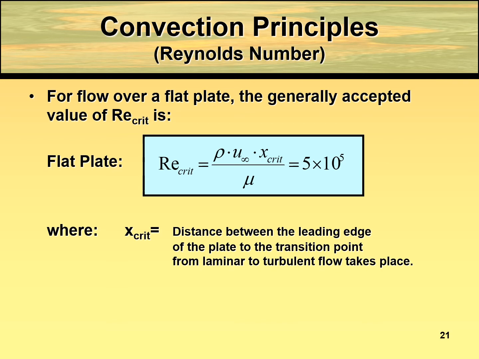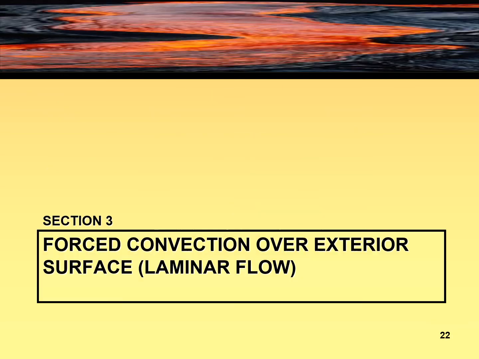The critical Reynolds number for external flow is 5 times 10 to the power of 5. The Reynolds number depends on the density, velocity, x, and dynamic viscosity, where x critical is the distance from the leading edge of the flat plate to the transition point where the laminar to turbulent transition takes place.